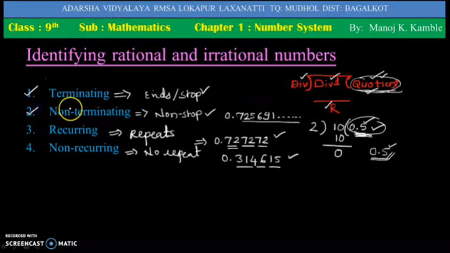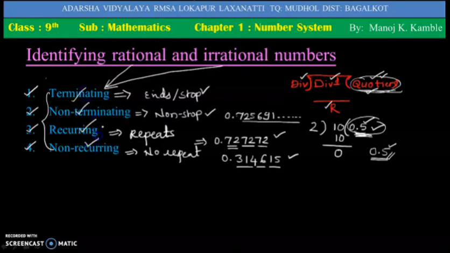Non-terminating means it will not stop. Recurring means it repeats. Non-recurring means it will not repeat. I think you understand the meaning of the terms. Now, making combinations of these four terms, we have to know whether the given number is rational or irrational.